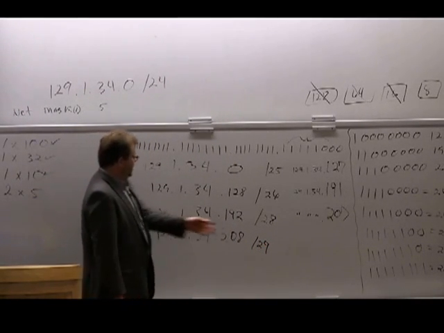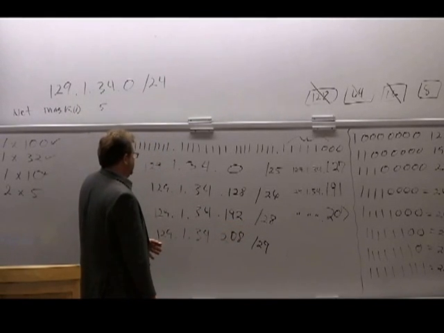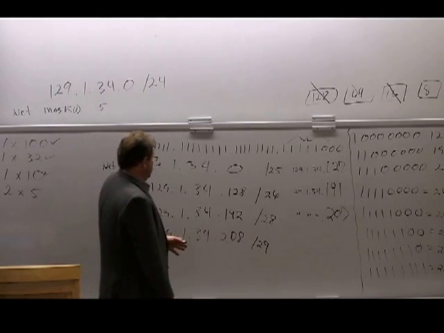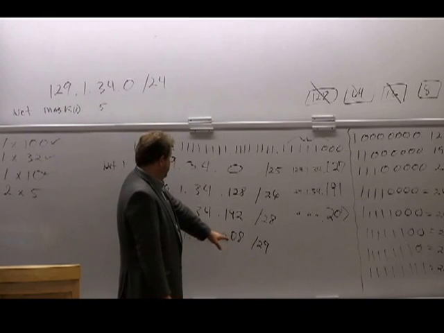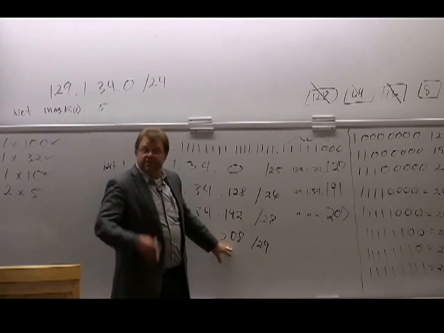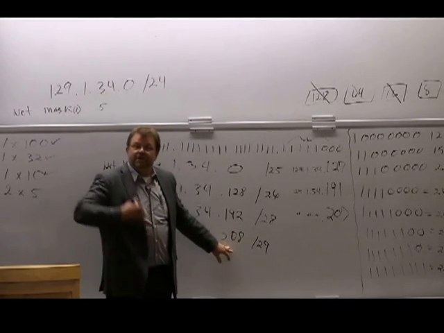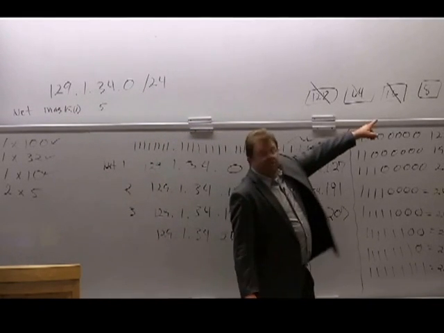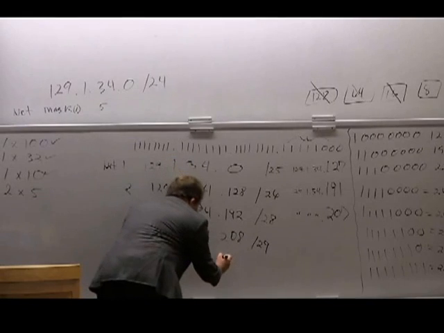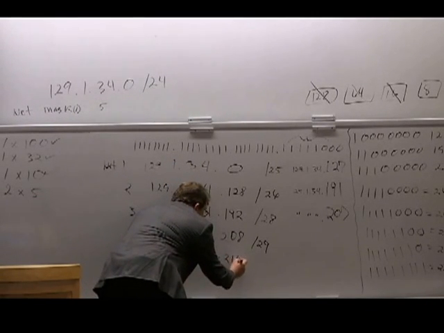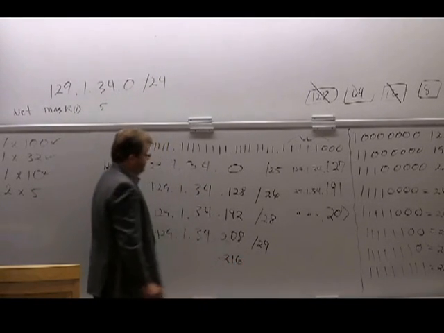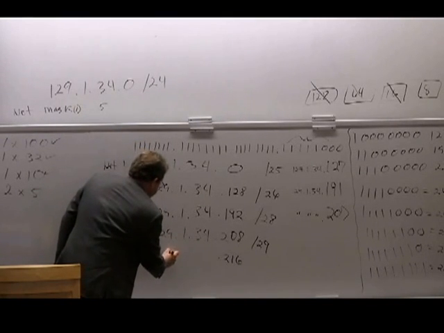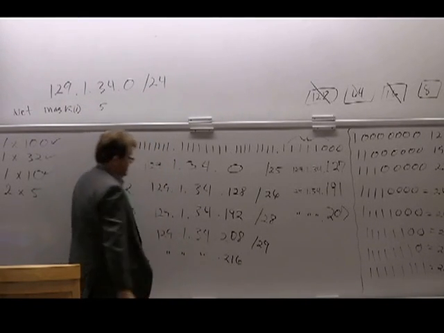And the broadcast, I need to know the next network. So what I need to do is add my magic number to this. Same pattern, doing the same mechanical thing over and over again. I add my magic number, which is 8. The next network is 216.